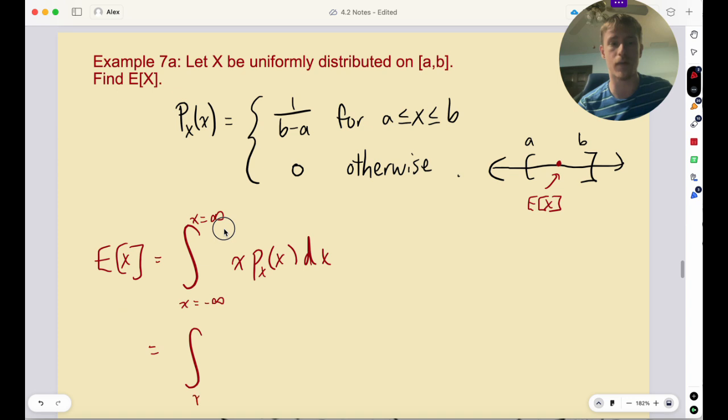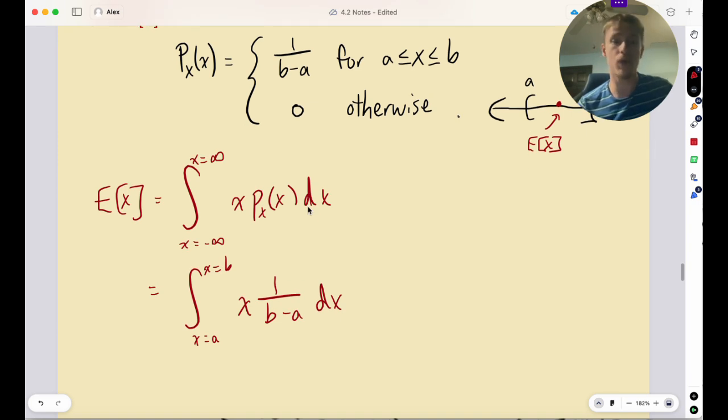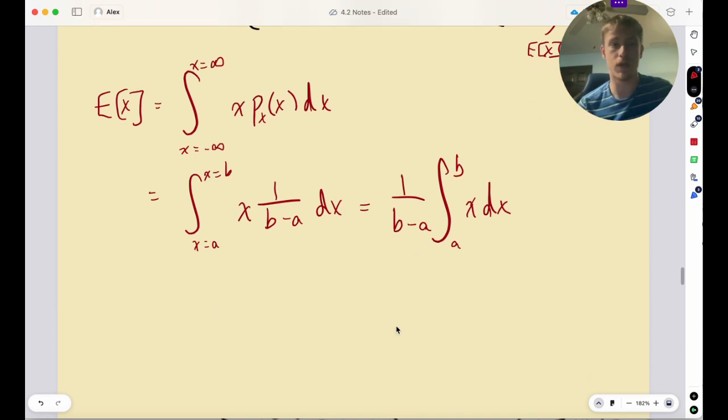This is just the integral from x equals a to x equals b of x times 1 over b minus a dx. I can pull this 1 over b minus a out in front of the integral. When I compute the integral, that's going to be 1 over b minus a times x squared over 2, evaluating from x equals a to x equals b.